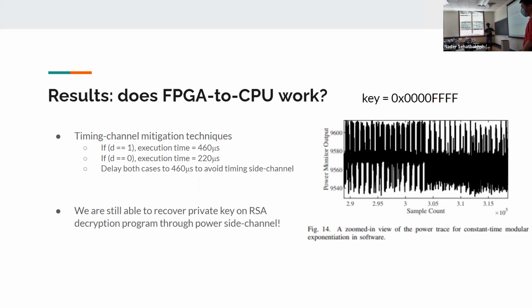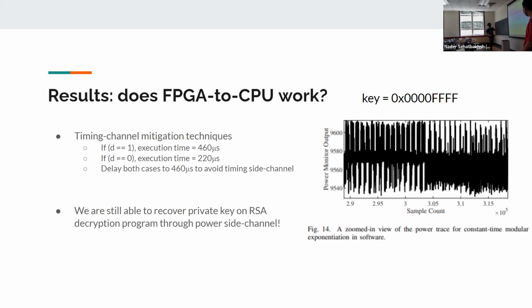If D is 0, then the execution time would be smaller because we don't need to worry about the branching. One mitigation technique is to delay both cases to the worst case so that the attacker won't know if the current digit is 1 or 0, and this technique is implemented in the victim core.